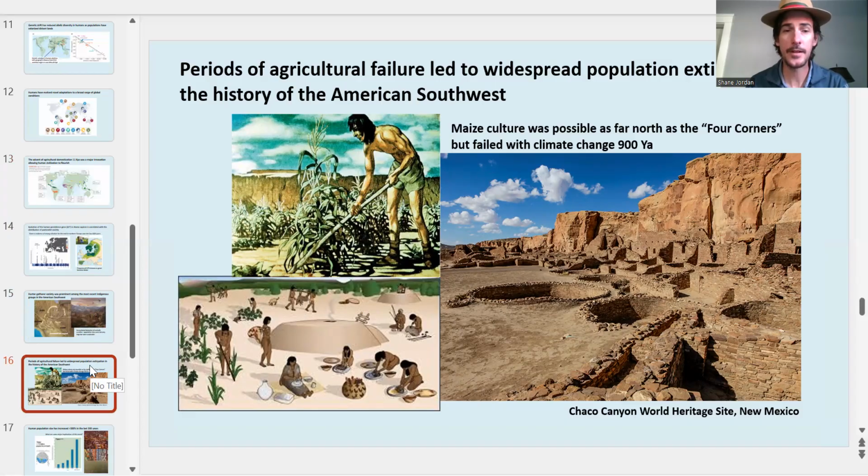And the climate of this area was conducive to raising maize. Probably this indicates that the climate was a little bit more subtropical, a little bit warmer, perhaps a little bit wetter, and somewhat more similar to the climate of Central America, such that societies were able to make a living off of raising corn or maize. And this was extremely successful for a really long time.